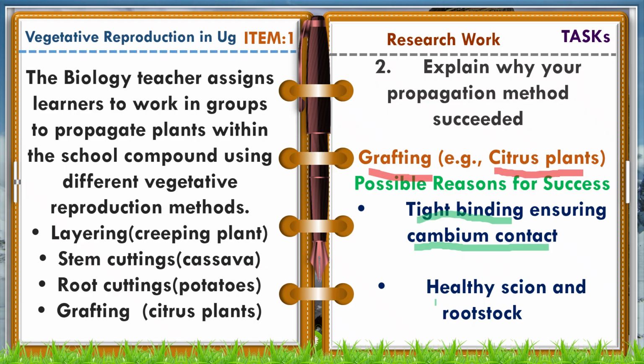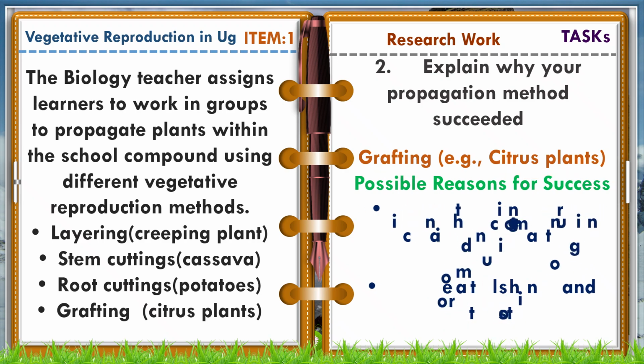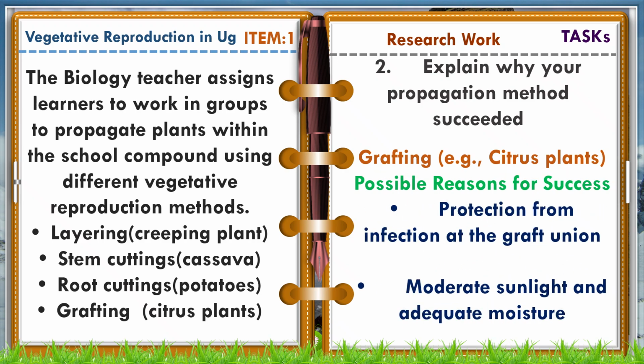We used healthy scion and also healthy rootstock. There was also protection from infection at the graft union, and we had moderate sunlight and adequate moisture.